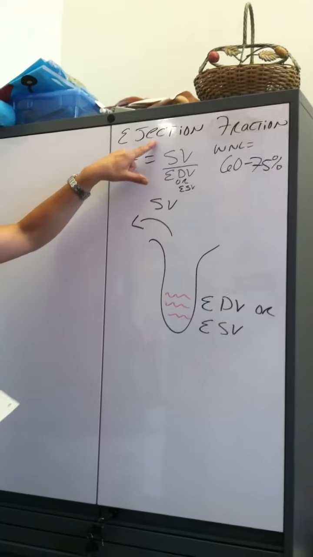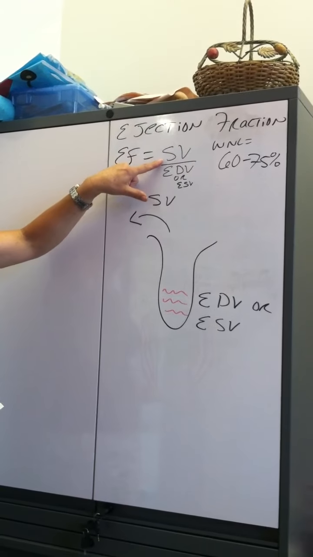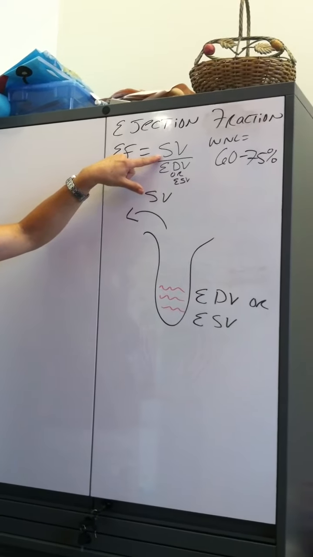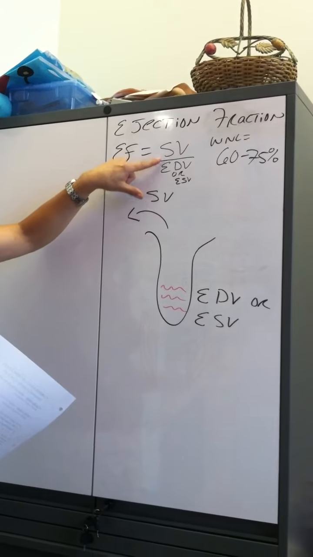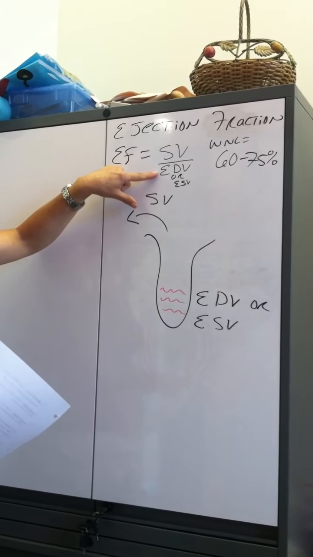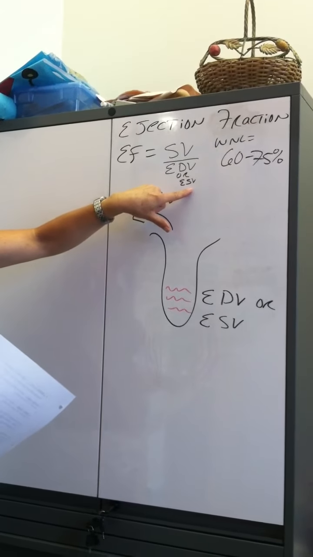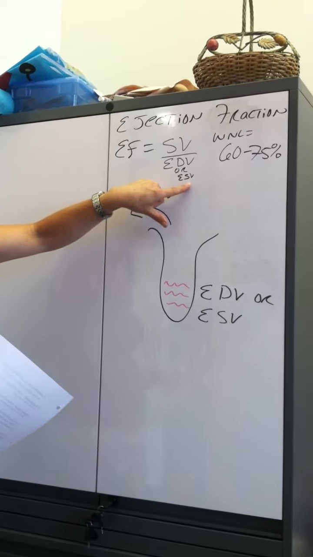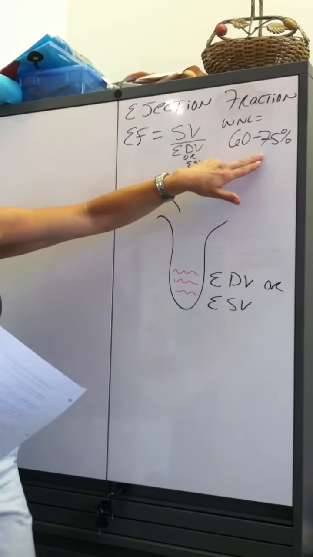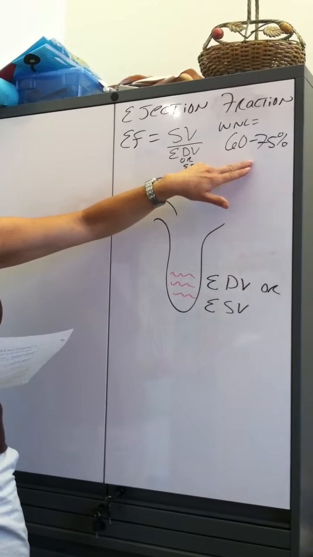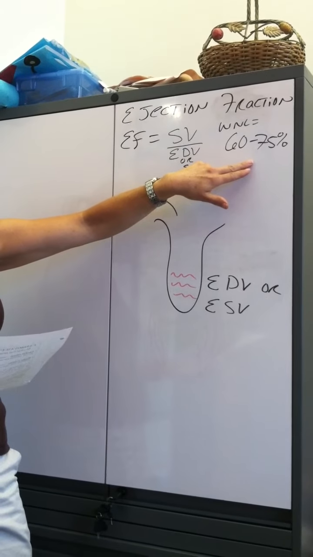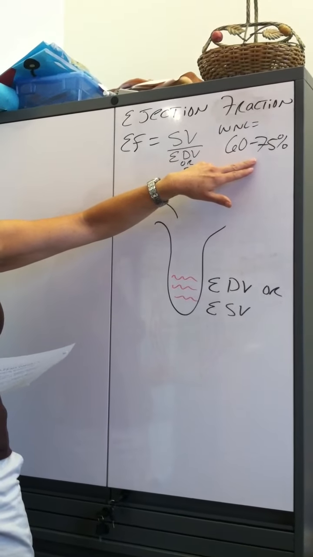So for the ejection fraction, you're going to take the stroke volume, how much is ejected out, and divide that by the end diastolic volume or end systolic volume, if you like that term better. And normally what you get is about 60 to 75%. That's what a normal one is.